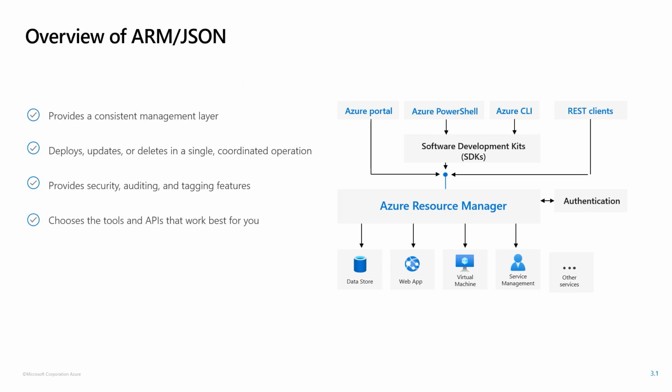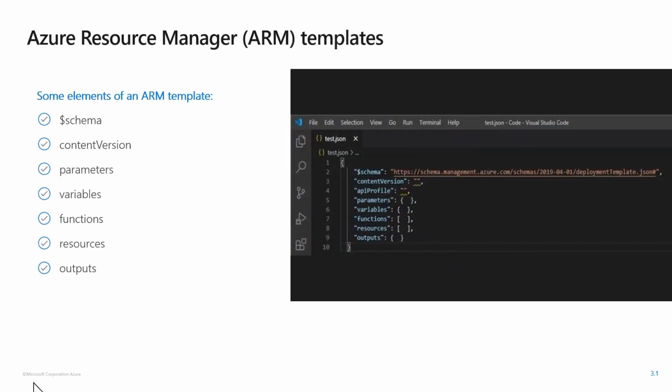Some of the benefits of using ARM would be the ability to create repeatable deployments in our solution throughout a development lifecycle using ARM templates. ARM, Azure Resource Manager, in conjunction with JSON, JavaScript Object Notation, allows us to create ARM templates.